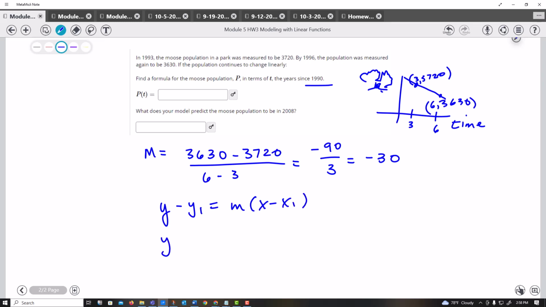And so now I can solve this to get my actual equation. So I have y minus, I guess I'll pick this lower one, 3630 equals negative 30 times x minus 6. So y minus 3630 equals negative 30x, and that would be plus, in this case, 180.